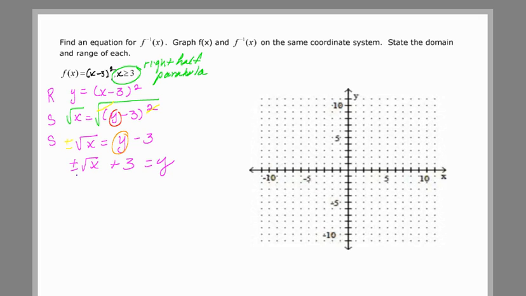Got to choose plus or minus, and I'm going to choose the plus because look back over here with our parabola. Were we considering the left half or the negative half of our parabola, or the right half, which is the positive half? Because we're choosing the right half, which we can think of as the positive half, that is telling me right now to choose plus.